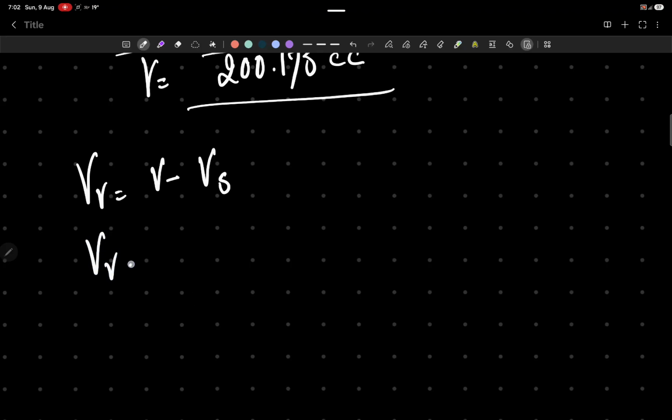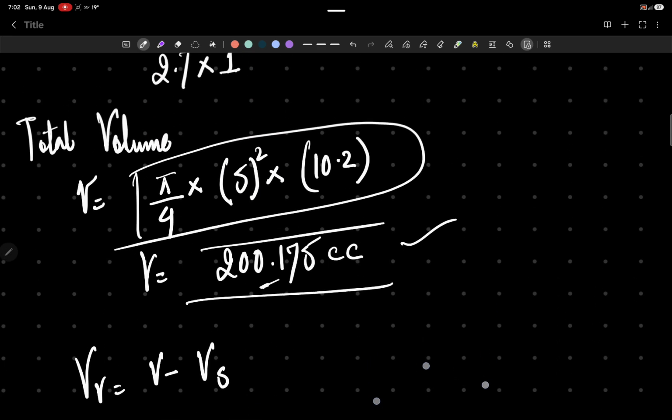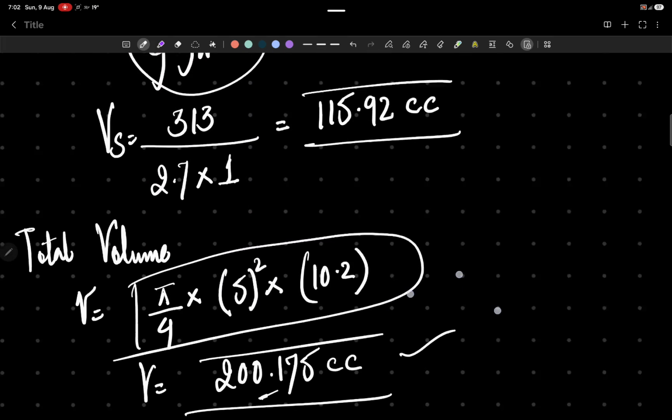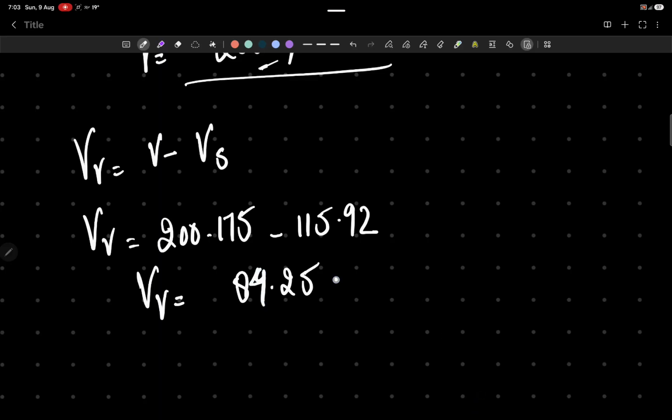So volume of voids is 200.175 cc minus volume of soil solids, 115.92 cc. By calculations, volume of voids is equal to 84.25 cc.